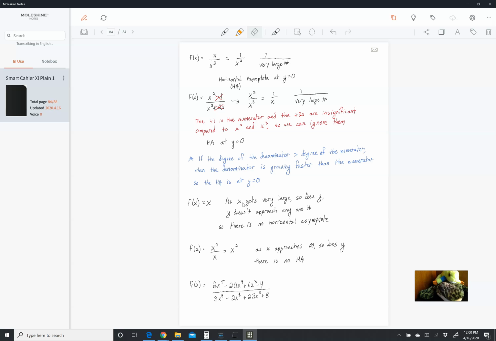Now this seems so complicated, right? But the only thing that's significant are the first terms, okay? The terms with the leading coefficients. And the reason why is that x to the 5th is so much larger than x to the fourth that all of this other stuff is insignificant.